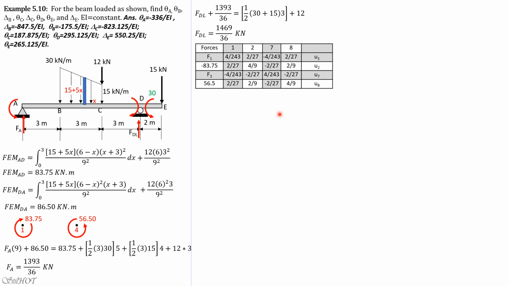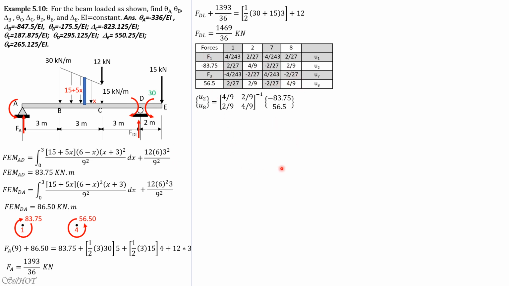So for the forces, we shade columns 1 and 7, so we can solve U2 and U8 as the product of the inverse of this 2 by 2 matrix times this force matrix here.